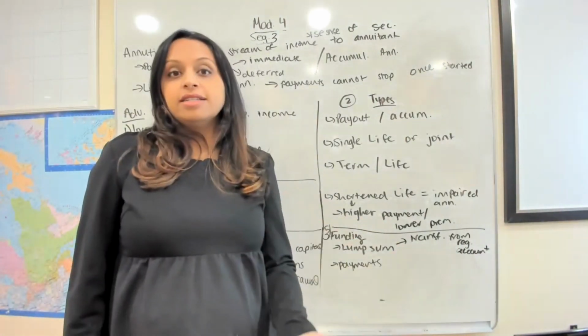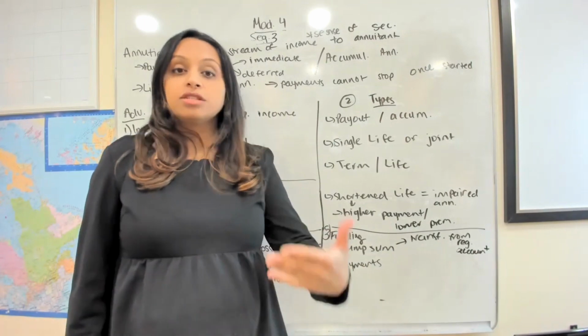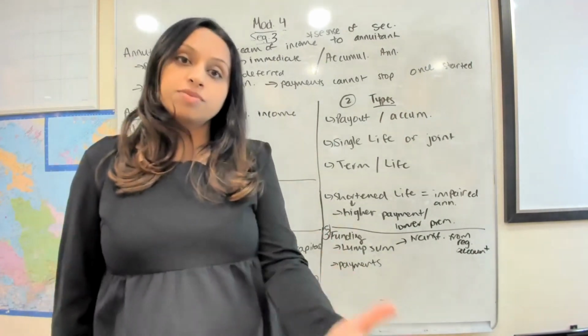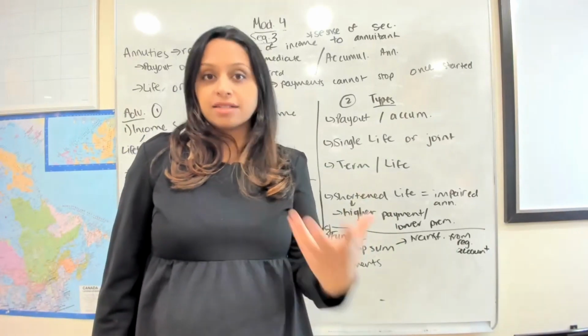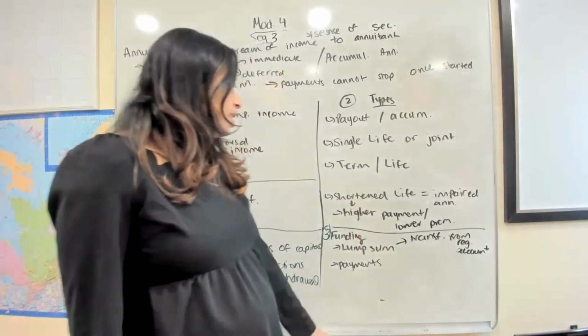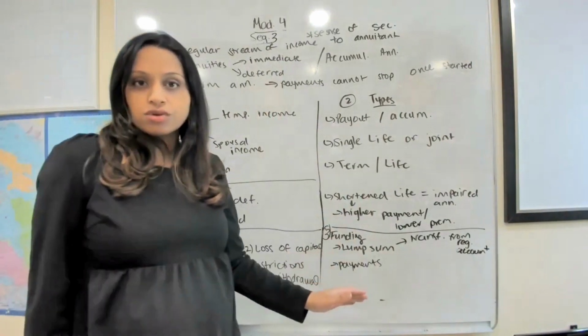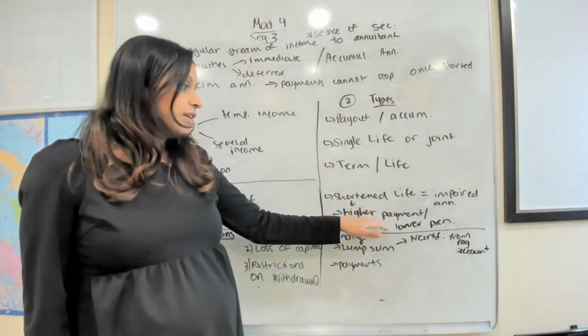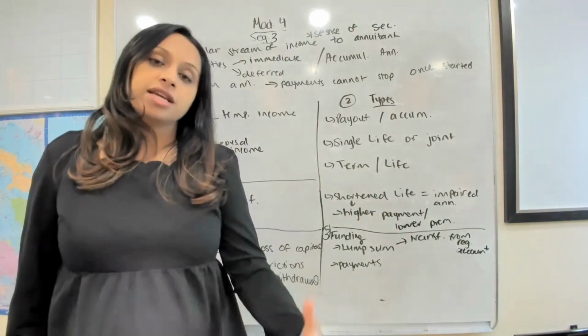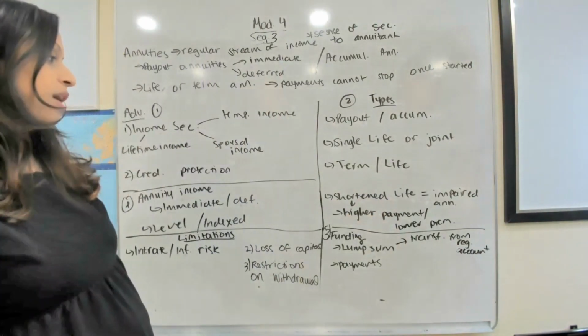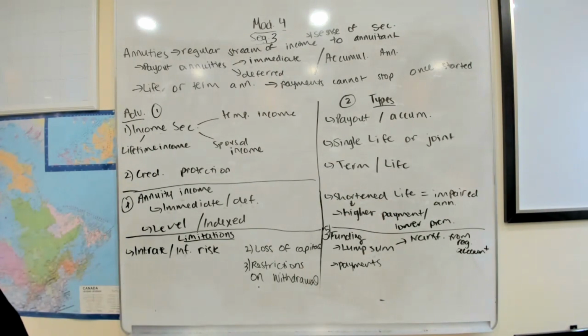Because the insurance company says, okay, this person has a shorter life than the average person their age, we want to make sure we give those funds back to them. So you do need a medical certificate to prove that. But if that is the case, then the person is able to get that impaired annuity where they get higher payments than someone else of their own age and bracket.